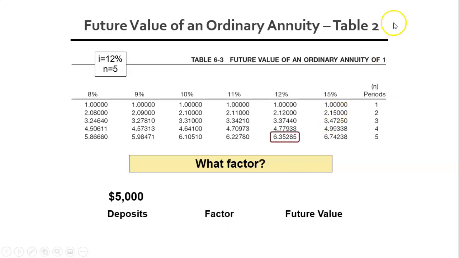So here we're in table 2. Go down the 12% interest, and across the 5-year period, we get 6.35285. We multiply that times the rents, and that gives us the future value of $31,764.